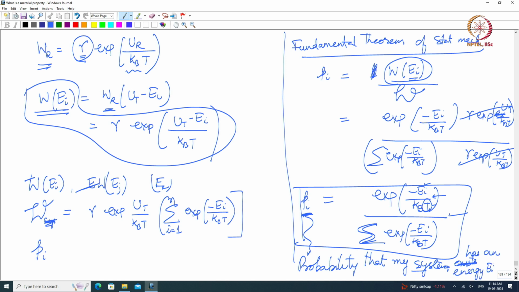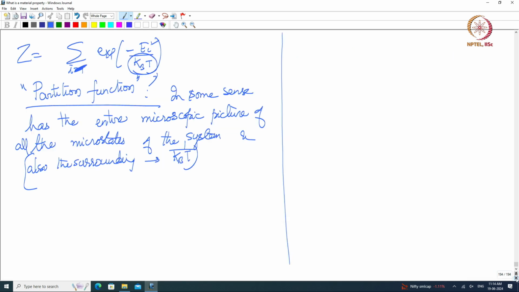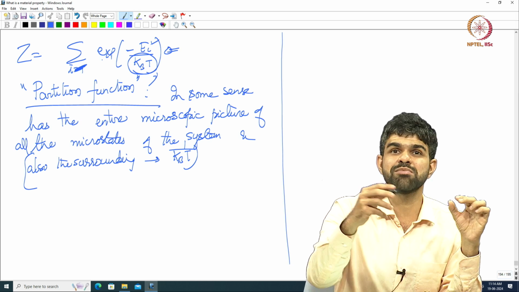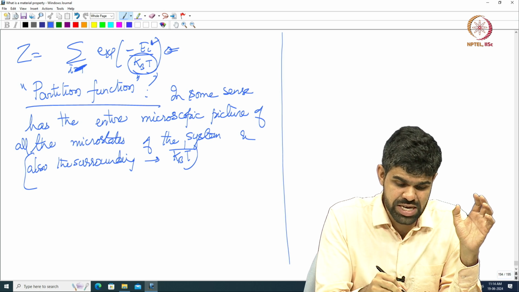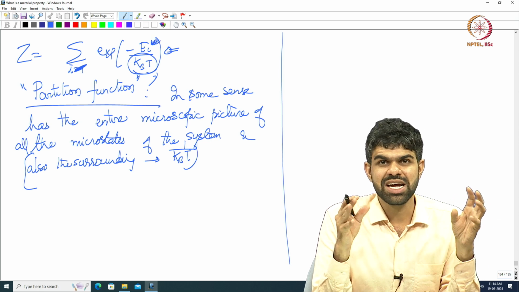Right. System's energy can keep changing, it can be Ei, Ej, Ek, whatever, right. So now all possible energies of the system, right. So this knows everything about if system has Ei, the probability is e power minus Ei by kBT, right. If system has an energy Ej, it is Ej by kBT, and so on and so forth.